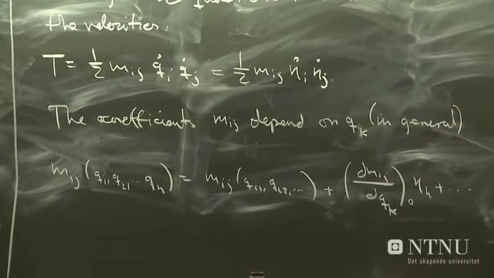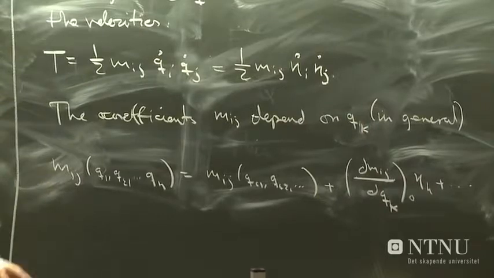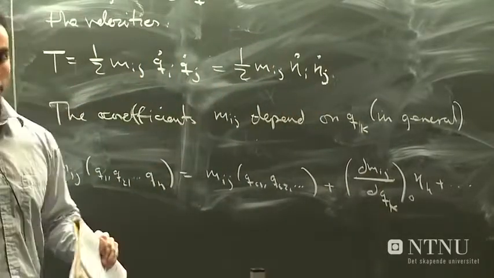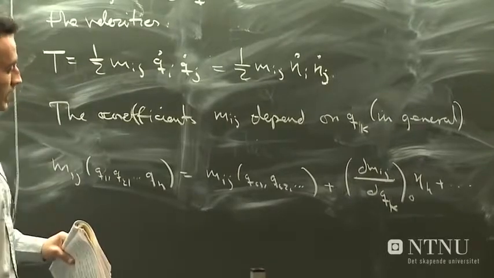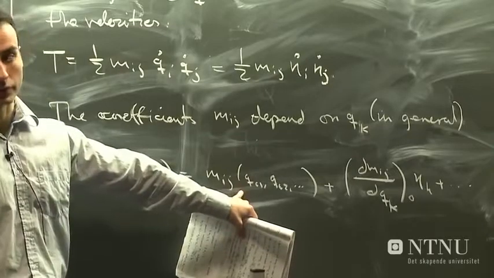So we perform a similar expansion of the mass terms as for the potential. Again, for the simple case of a free particle that we may be accustomed to, only this constant term would contribute.